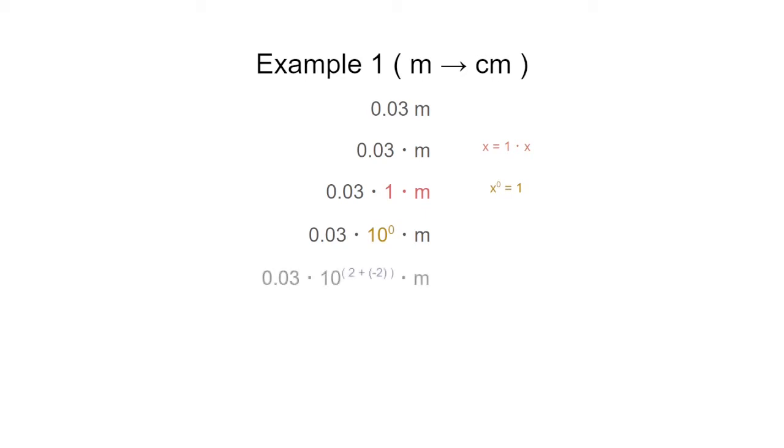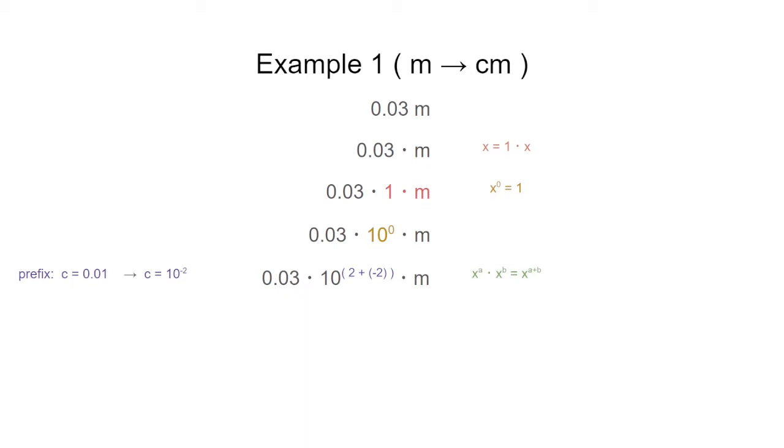So now we will write 0 as 2 plus minus 2. We choose 2 because the prefix centimeters can be written as 10 to the power minus 2. And we have created 10 to the power of minus 2 kind of here. That's why we choose 2.